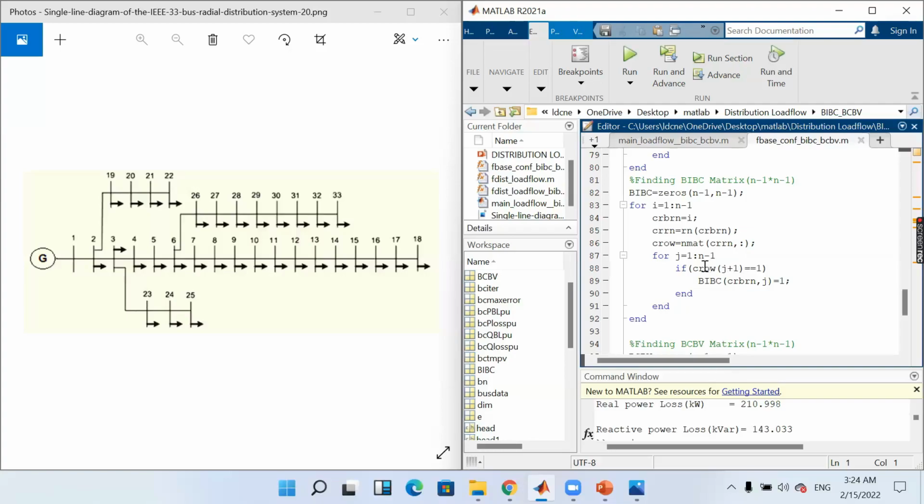That is, for j equals 1, this j plus 1 will be 2, that is from 2 to the last bus.